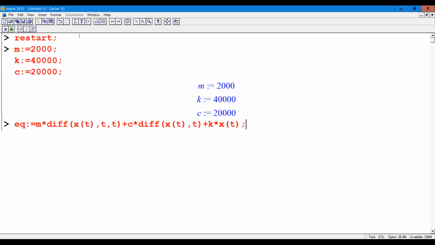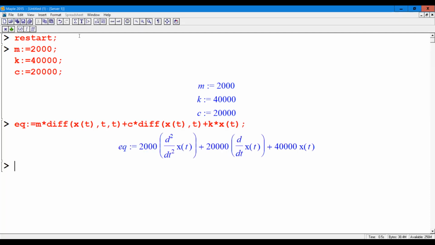Here, you know that in this equation there is no external force, so the equation is a homogeneous equation. You can see this is m times x double dot plus c times x dot plus k times x. This is the equation of motion.